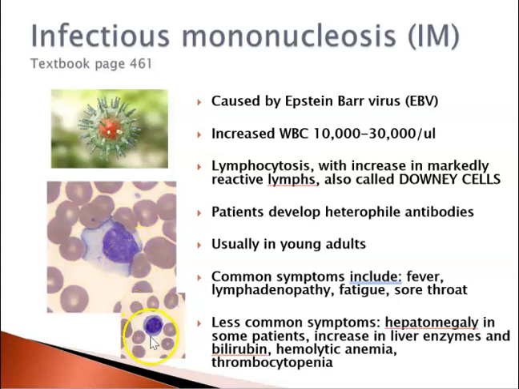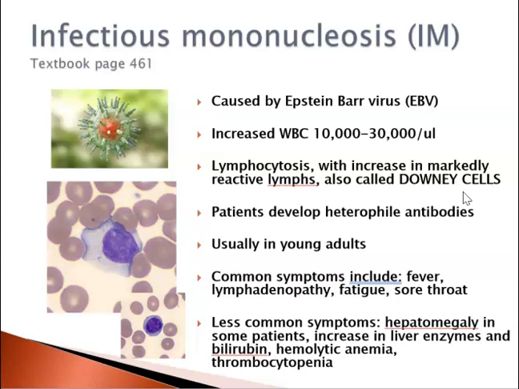This is the smaller inactive lymph for comparison. When they're in that active and large state, your lymphs can be referred to as downy cells. Remember that active lymphs can also be referred to as downy cells.